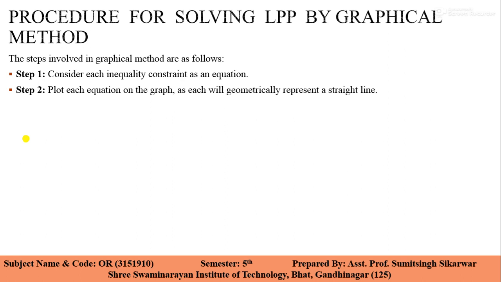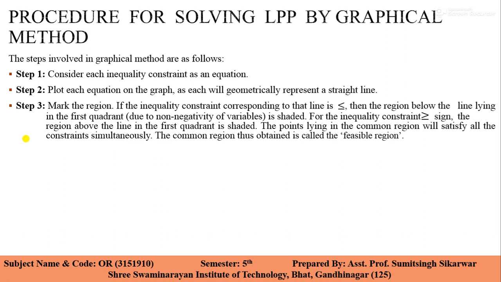Step 3, mark the region. If the inequality constraint corresponding to the line is less than or equal to, then the region below the line lying in the first quadrant due to non-negativity of variables. As we know, we are just considering non-negative variables, so these variables will always fall in the first quadrant.